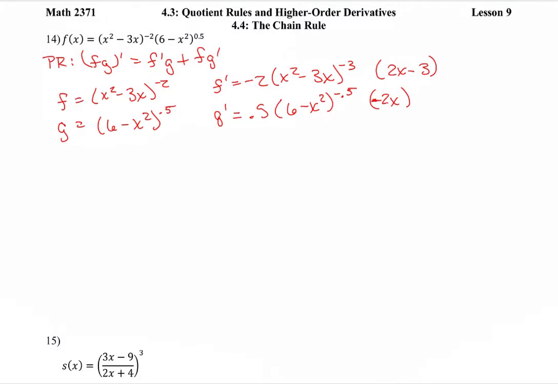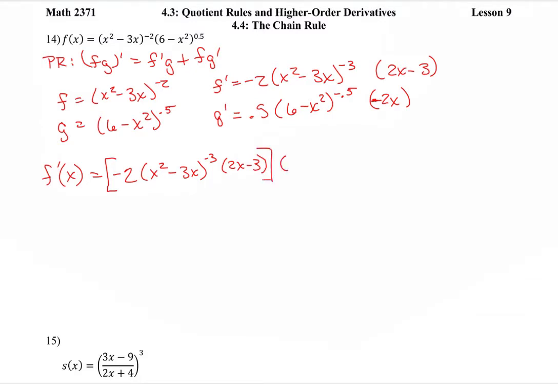Okay? And so now we put it all together. I'm just looking over it, making sure I haven't missed something. So f prime of x is going to equal, now I like to put big brackets around each derivative so that I know what I'm doing, minus 2 times (x squared minus 3x) to the negative 3 times (2x minus 3).